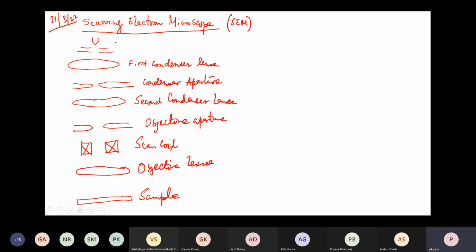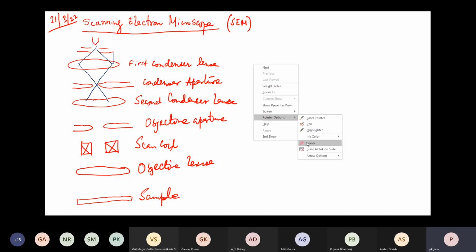Your electron beam from here will come out, and this electron beam will then be focused by the first condenser lens.